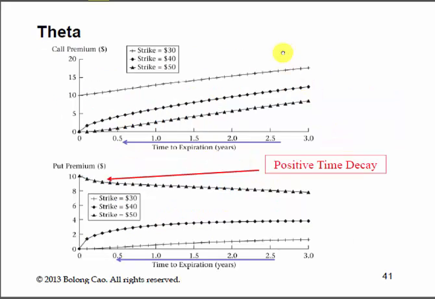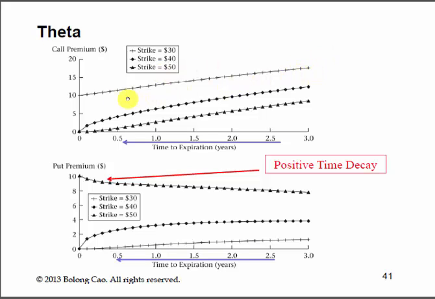So let's look at what we have in the picture. This is the call premium on the top. As the time to expiration goes lower and lower, that's how time passes, the call premium decreases. For all three different strikes, the low strike call has a higher premium.